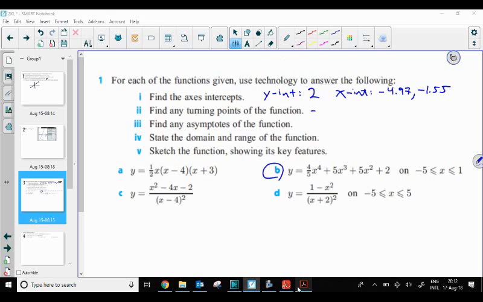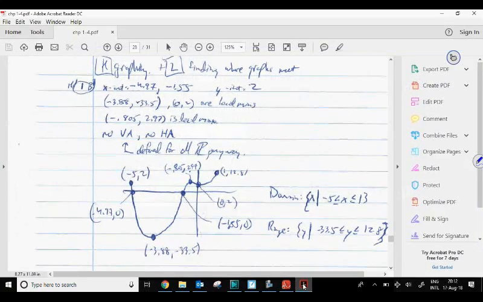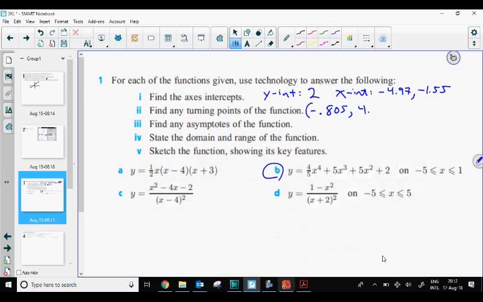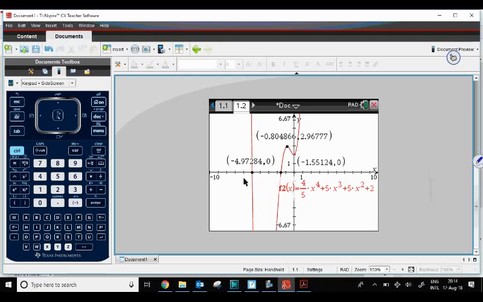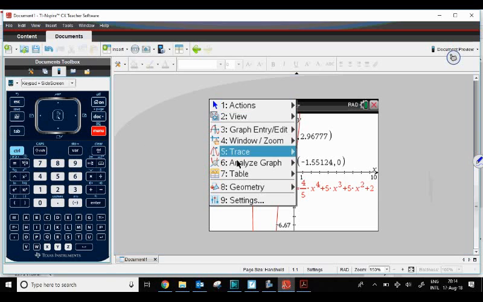So the maximum is at negative 0.805, 2.97. Next for the minima.